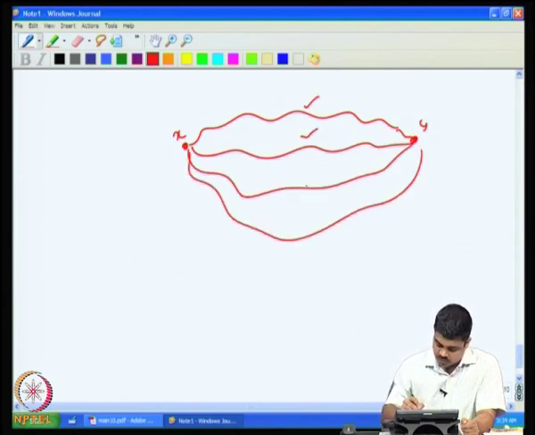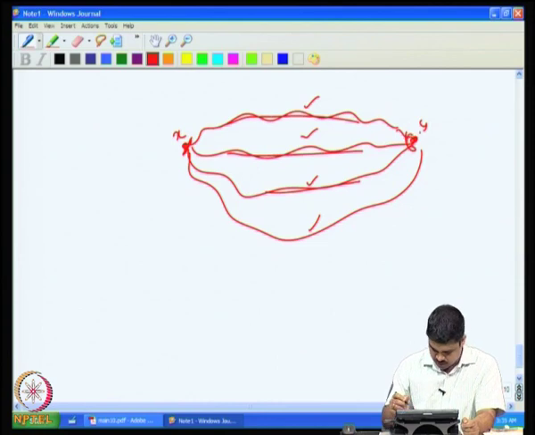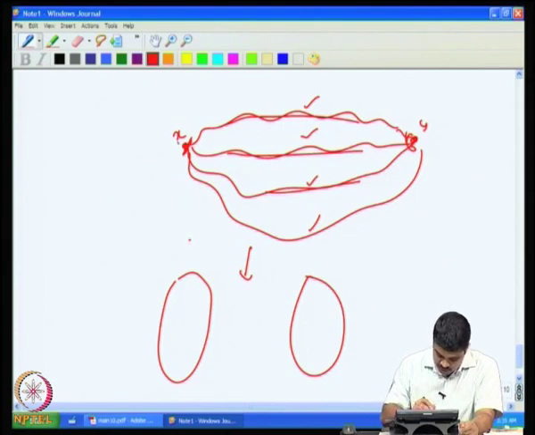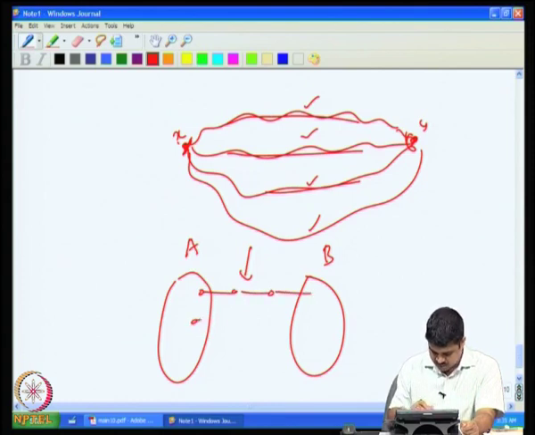So how many are possible? The only condition was that it should be internally vertex disjoint; the only common vertices are X and Y. Here we have generalized it to sets: instead of one vertex we take A, and this disjointness property is kept in some sense, because we want disjoint AB paths.